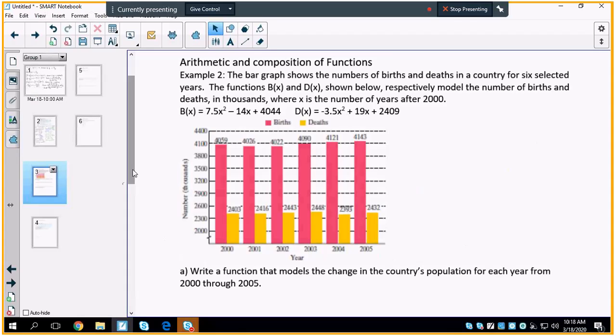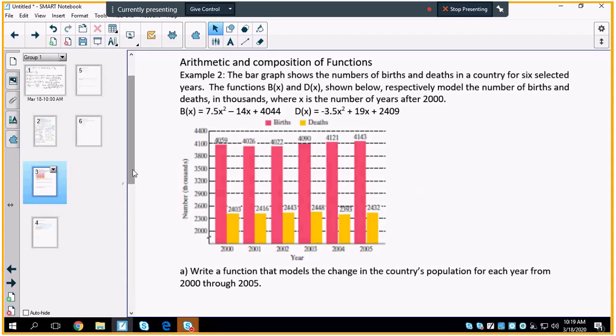Example 2 is telling us the bar graph shows the numbers of births and deaths in a country for 6 selected years. The functions b(x) and d(x) shown below respectively model the number of births and deaths in thousands, where x is the number of years after 2000. So the function b(x), as you can see here, 7.5x squared minus 14x plus 4044, represents the number of births x years after 2000.